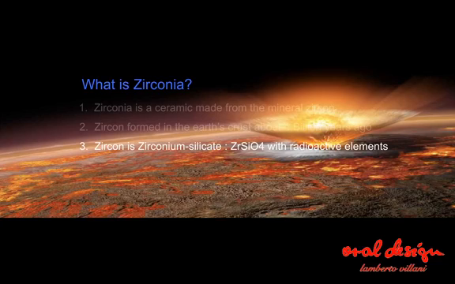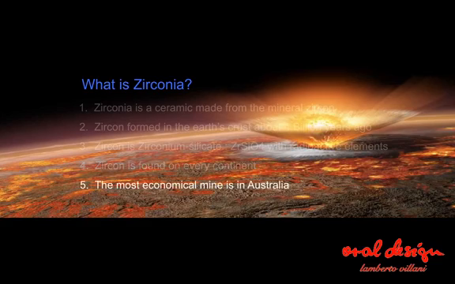The zircon is a zirconium silicate. As you can see, the formula contains radioactive elements, which is the meaning. After we'll see. Zircon is found on every continent. The most economical mine is in Australia. This is just for information.